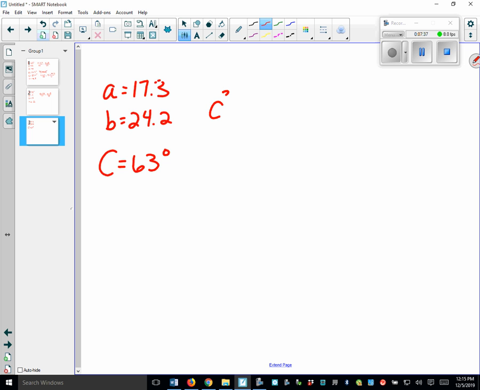So C squared equals 17.3 squared plus 24.2 squared minus 2 times 17.3 times 24.2 cosine 63, right? I will tell you 99% of the time, if this one is wrong, it's because people use sine instead of cosine.